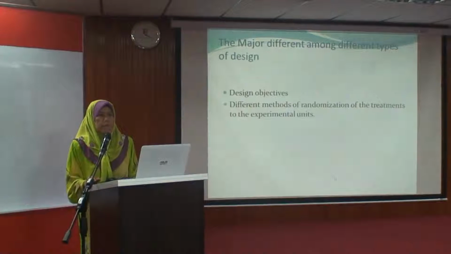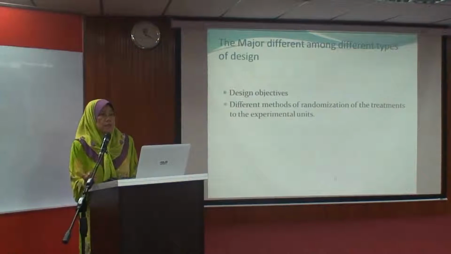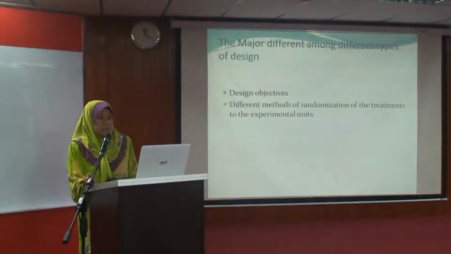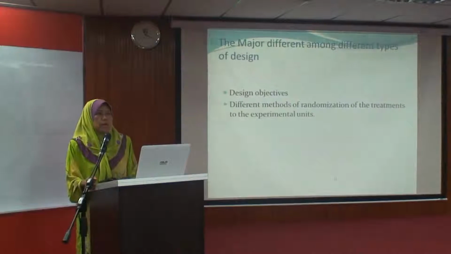However, for the block design, there is one extraneous factor that will affect the experimental results. Now, for Latin square design, the main objective is still the same as the completely randomized design and block design. What we want to do is to analyze the effect of one factor on the response variable, but there are two extraneous factors that will affect the experimental results.